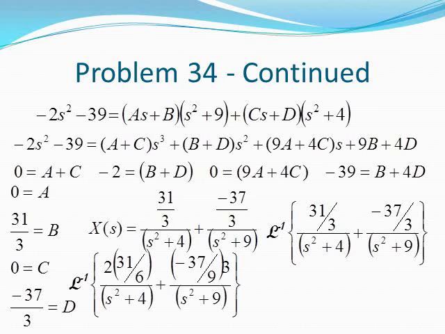So I have included my 2 for the s squared plus 4 there, and for the s squared plus 9, you have to have a 3 on top, and I've included my 3. Once you do that, you can do the complete transformation, and you find out that the solution for this differential equation is 31 divided by 6 sine of 2t minus 37 divided by 9 sine of 3t. And you are done with that.